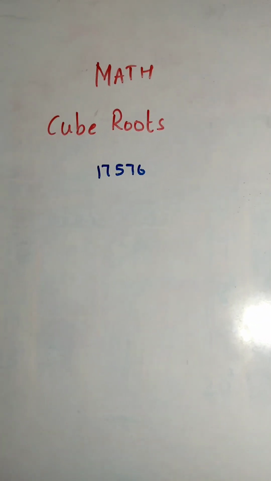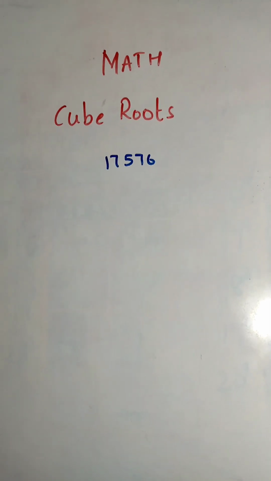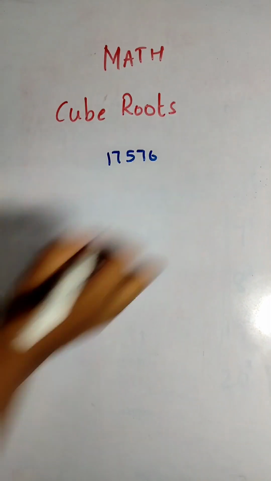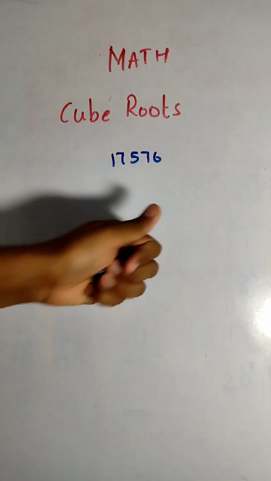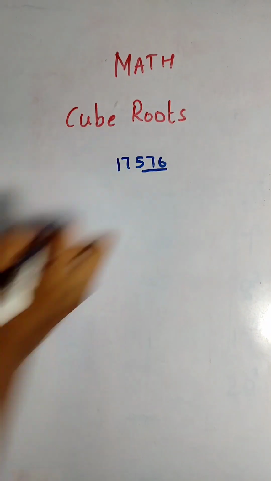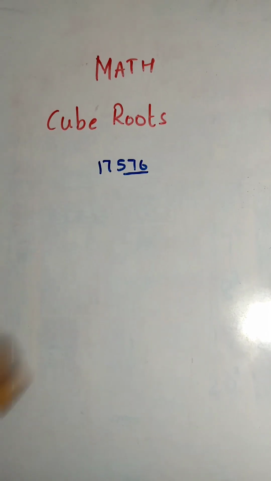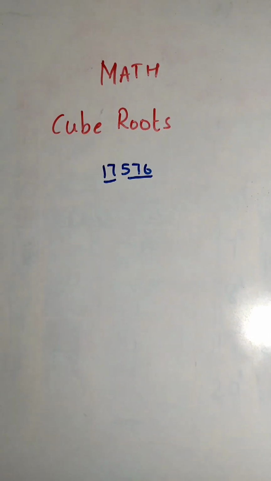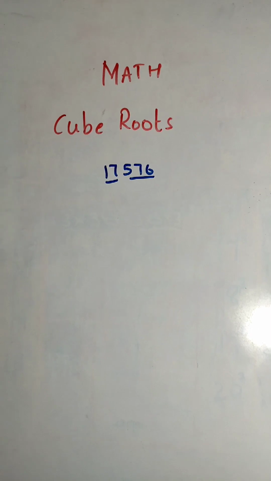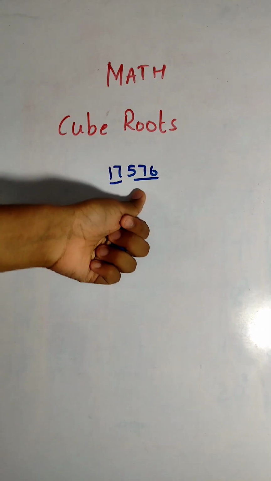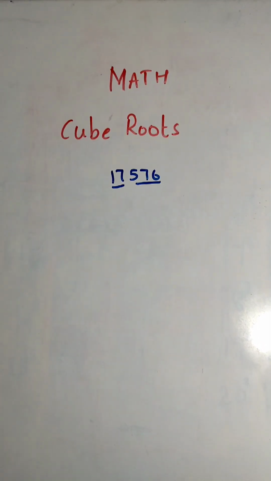For any number that you are given to find the cube root of, you must take the last digit, that is the ones place, and keep going towards your left by underlining exactly 3 digits, then leaving a space and going on until you cannot do it anymore. In this case, we can do one set of 3, but then the second set lies short. It's okay, there's no issue with that.